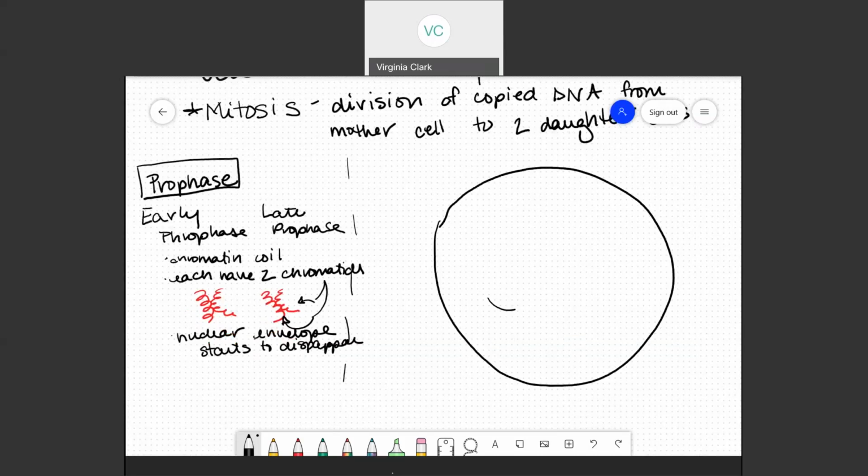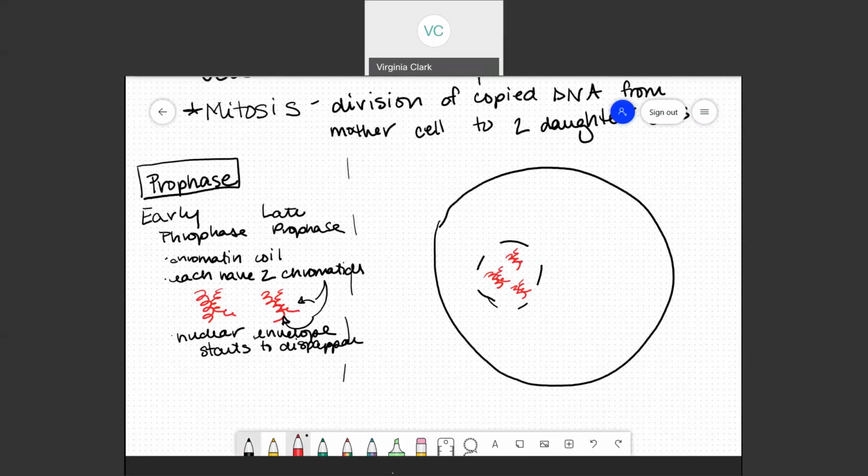Here, I am only going to draw the nucleus. I'm not going to draw right now the rest of the cell structures, all the organelles in the cytosol. So now we've got our nuclear envelope, and it is going to start to disappear. And inside, I will have my chromatids put together where they are going to be attached, my sister chromatids. So it'll look like that.